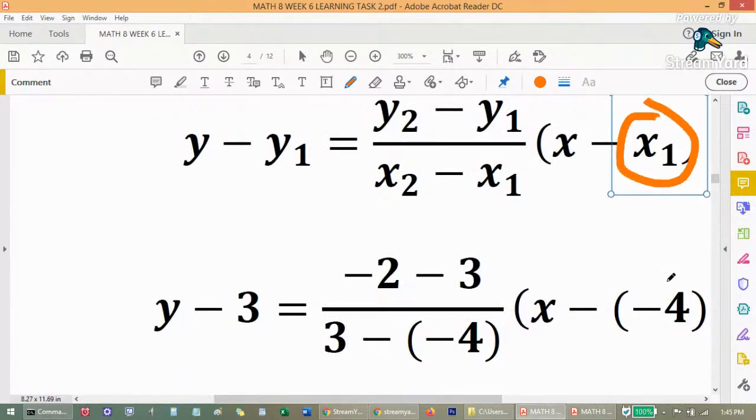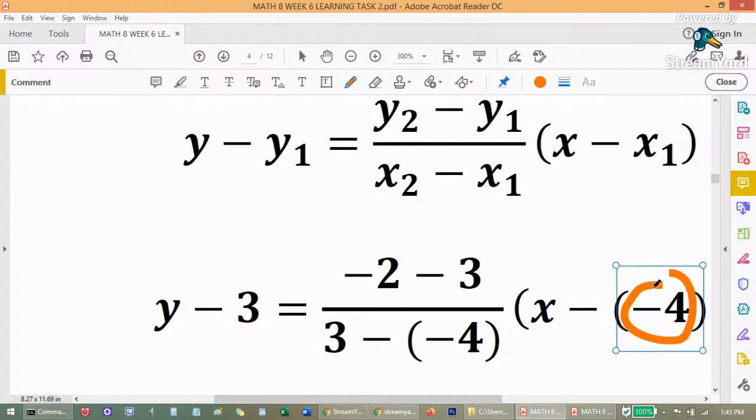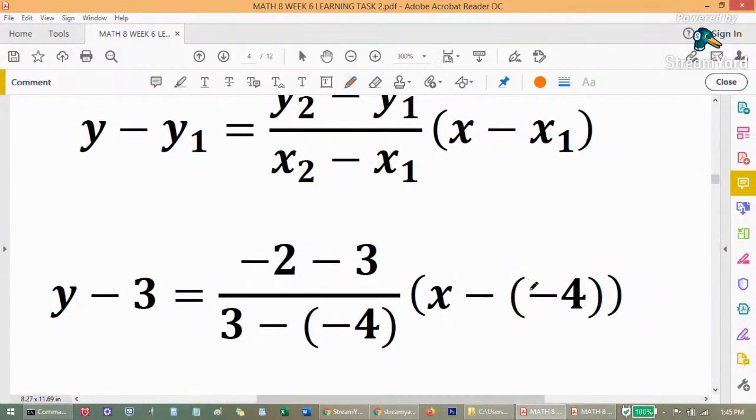Gagawin natin x sub 1 as x minus 4. Okay, kailangan may parenthesis. Pag hindi natin nilagyan ng parenthesis, magiging ganito yan. X minus 4. Okay, magiging ganyan yan.